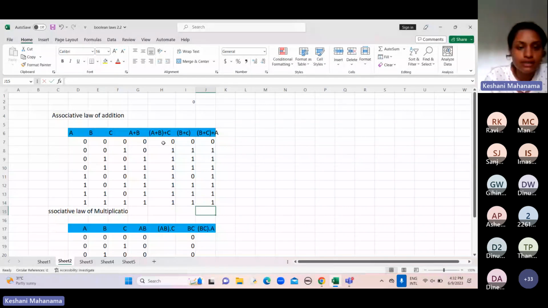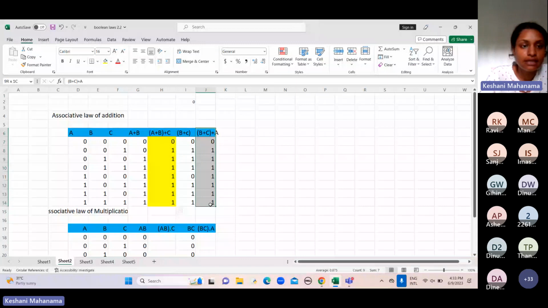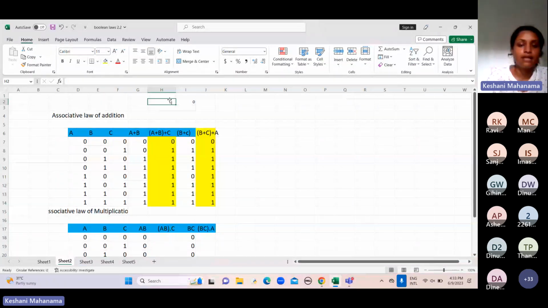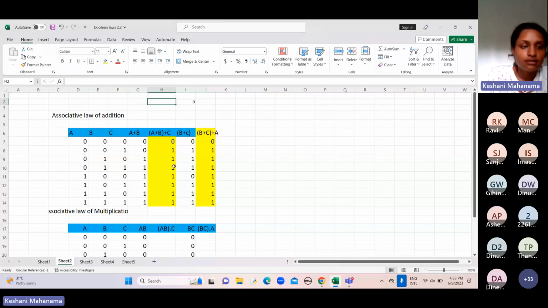So you can see that the outputs of A plus B plus C are equal to the outputs of B plus C plus A. This is the associative law of addition.